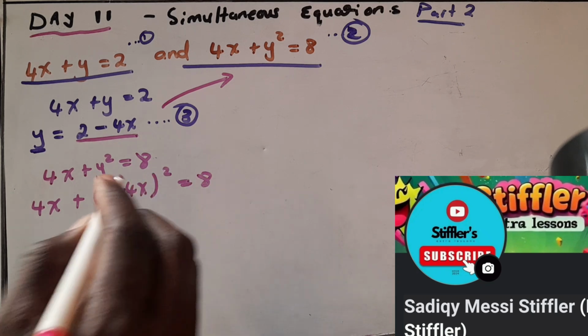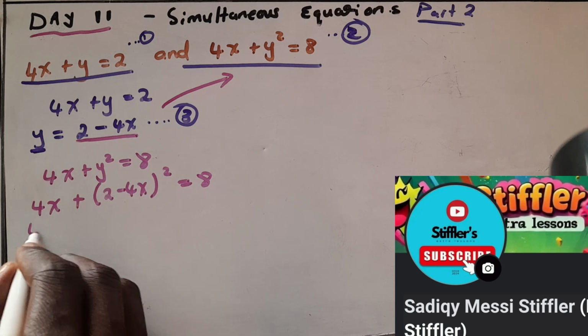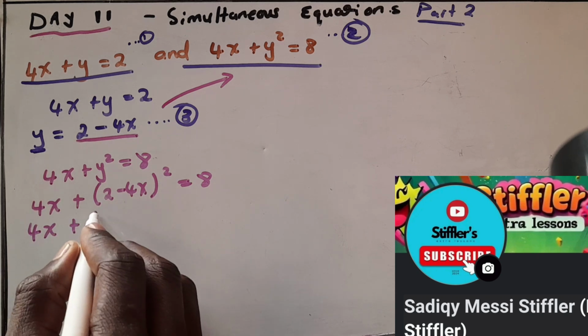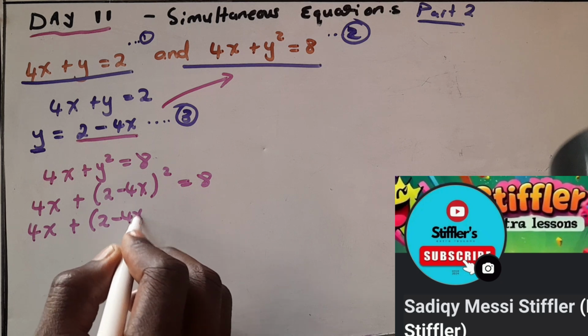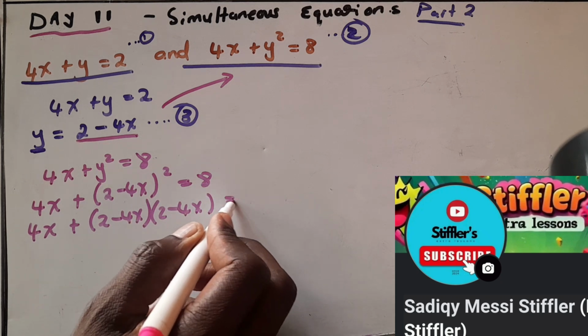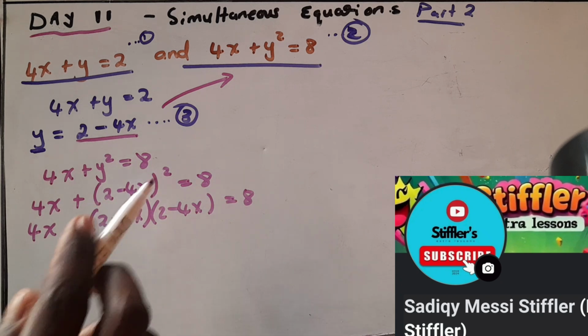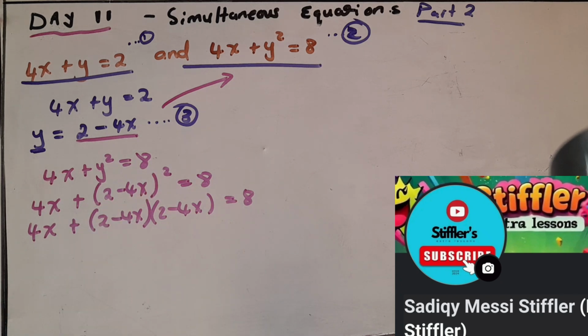Don't forget the squared, because this squared is on y. Can you see that? Squared shows these two brackets like that.